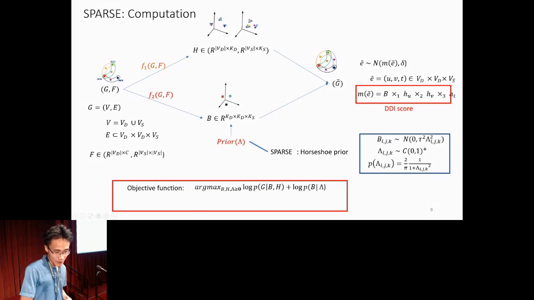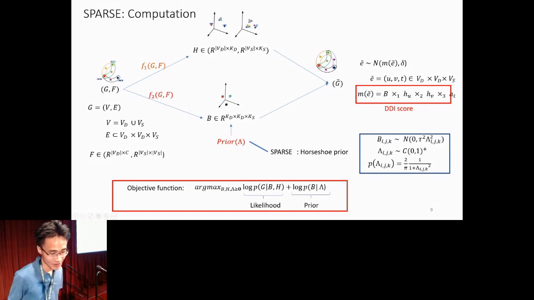And for the objective function, we bring the problem into a posterior, and we would like to maximize the following objective function. We consider two parts.